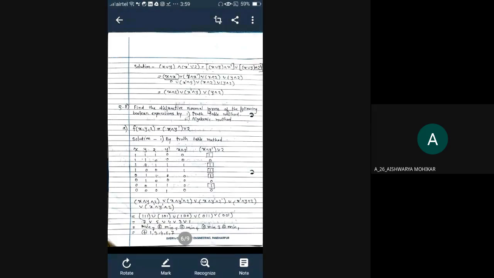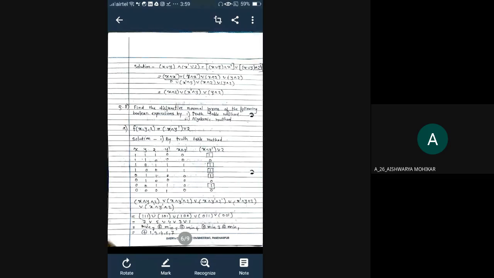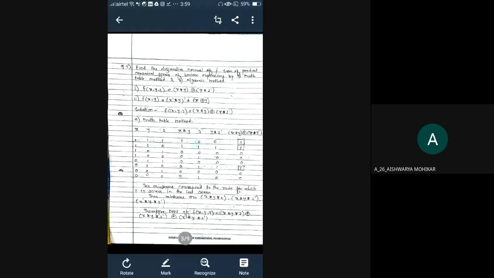Yes, ma'am. Okay. So take 10 minutes and tell me what is the value of PDNF. For reference, I will open this example, so you will get how to solve it.